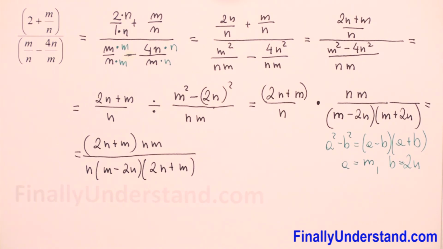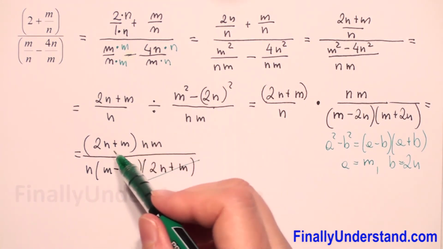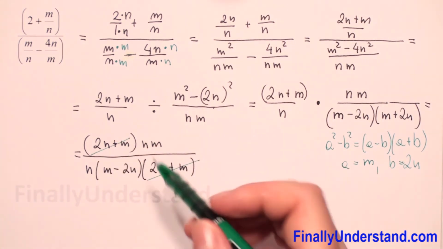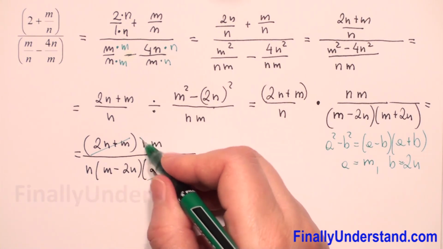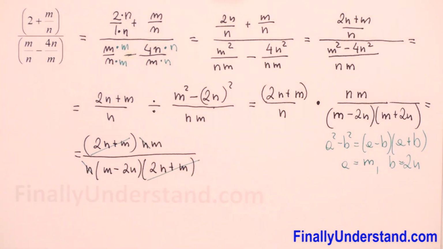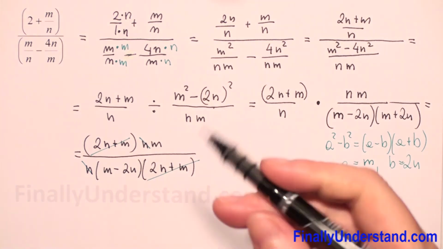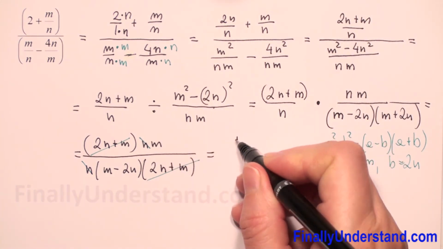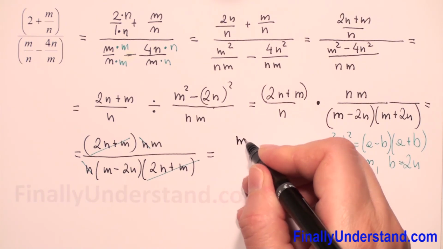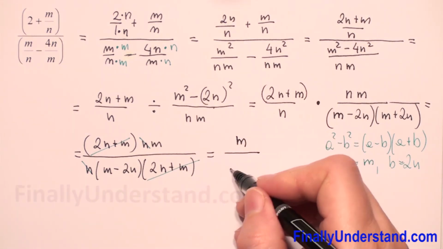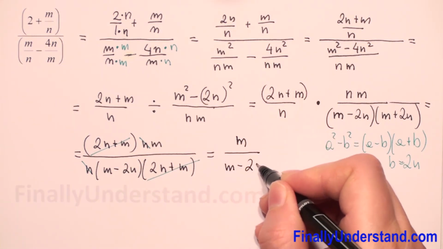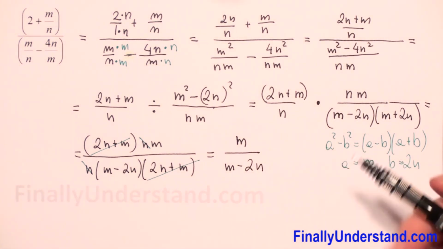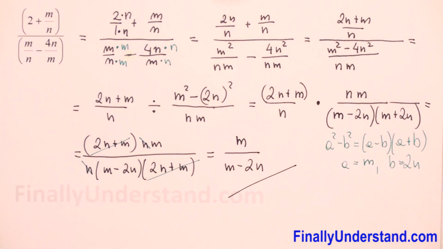So we can cancel out 2n plus m, and we have n and n, because we have multiplication, so we can also cancel that. And what we have now? It will be 1, m over m minus 2n. We cannot reduce anything now, so this is my solution.